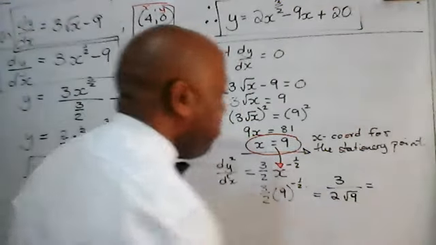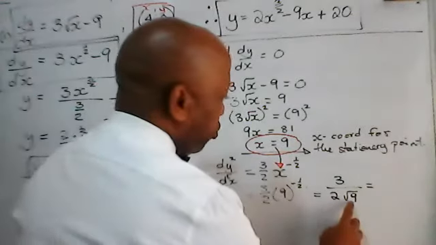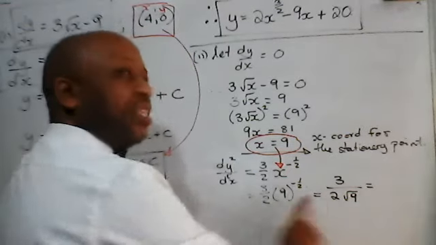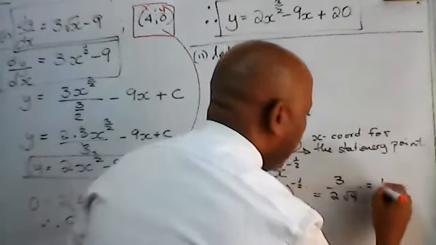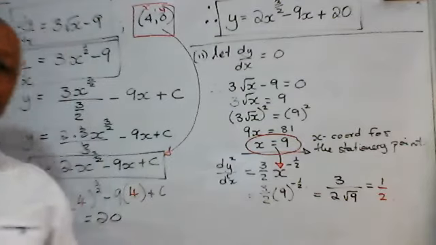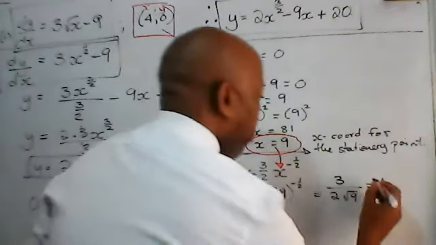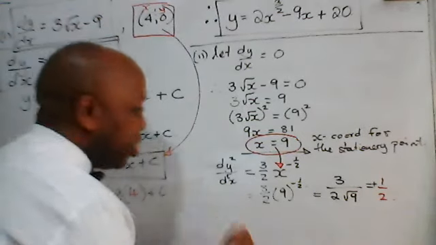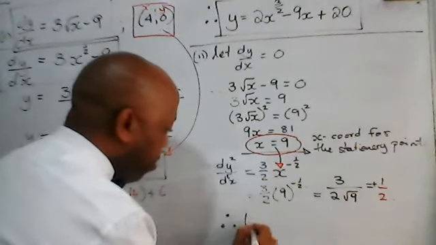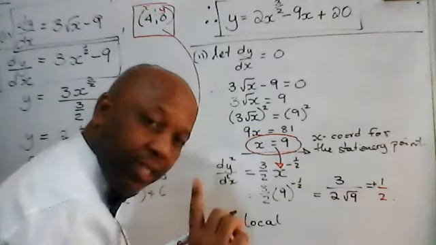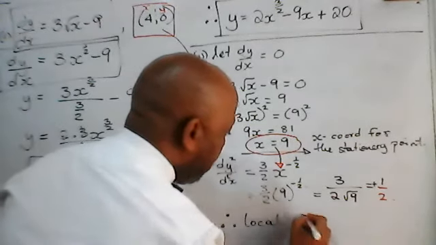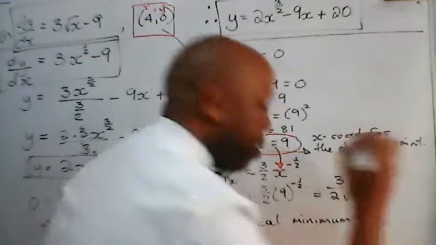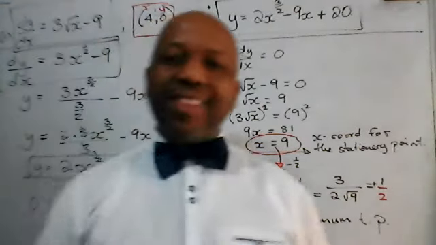The square root of 9 is 3, so that's going to be 1 over 2 basically, which is positive. Now remember, a positive d2y/dx squared means that you have a local minimum turning point.